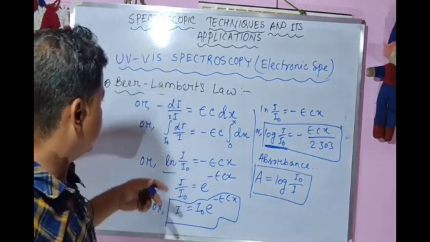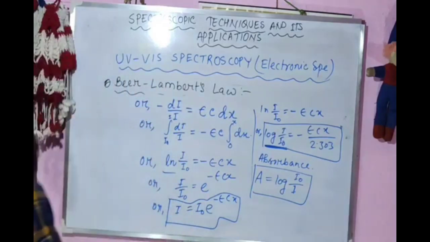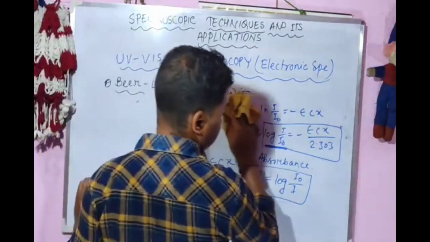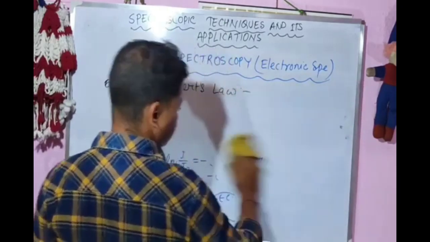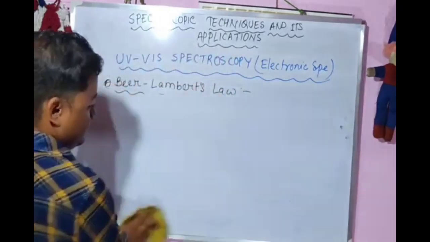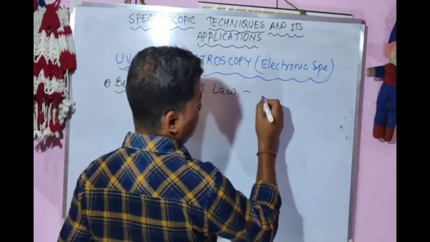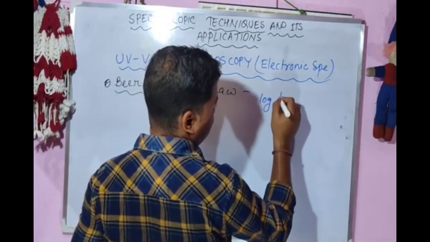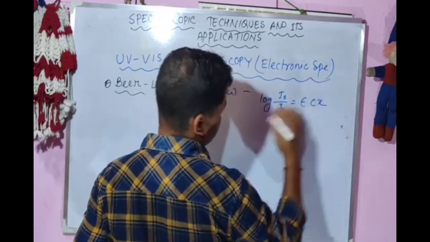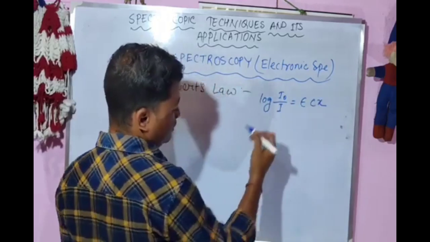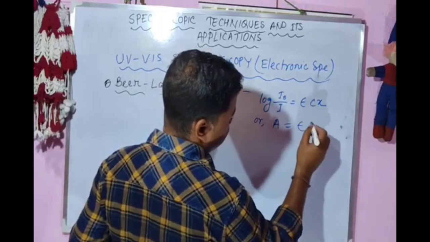So the whole expression is log I0 divided by I equal to epsilon Cx. This is the absorbance, A equal to epsilon Cx.